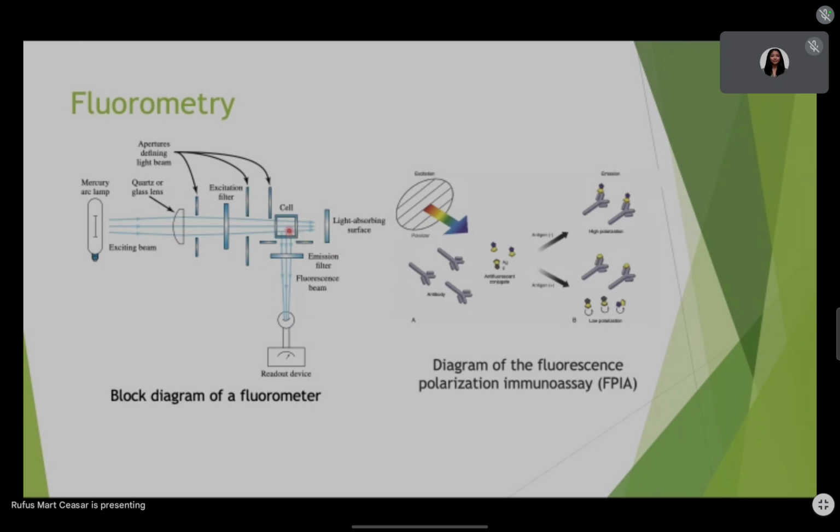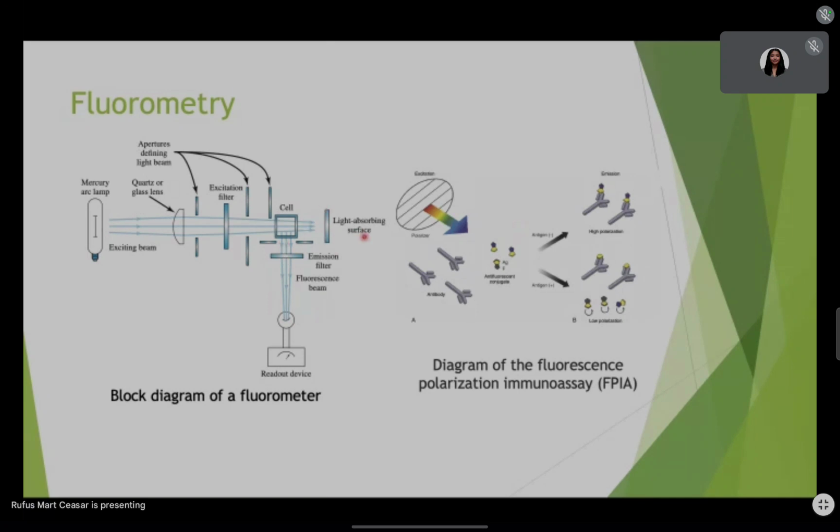Dapat iba yung excitation wavelength doon sa emission wavelength niya. So, meron tayong emission filter. Diba, mag-fluoresce siya, so iba yung wavelength niya pag nag-emit siya ng light. Kasi, diba, may light, papasok doon, mag-fluoresce siya. Tapos, bababa yung wavelength from the intensity light. Tapos, dapat naka 90 degrees siya.